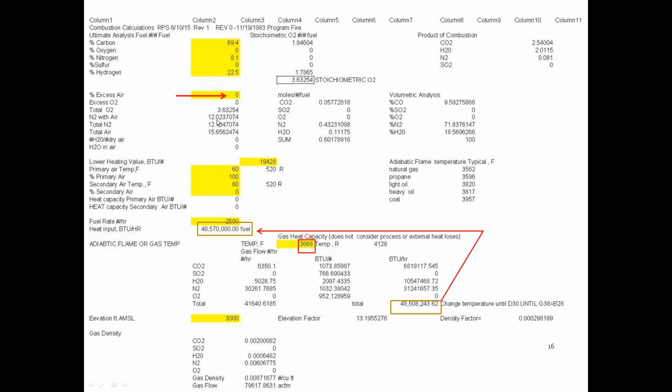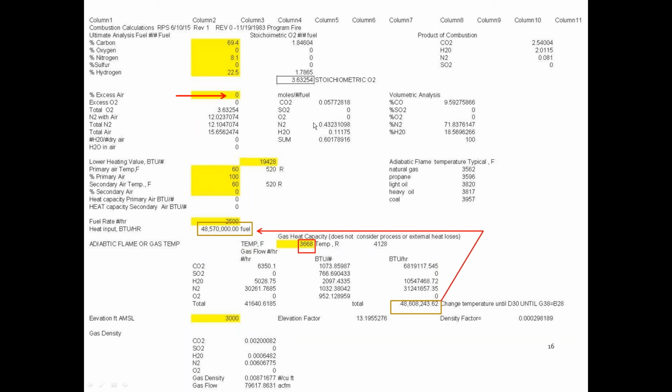And right above that to the right, I know how much oxygen I need. This is the stoichiometric oxygen required. So if you get down below the arrow, you're going to see total oxygen is 3.63. Okay, now I got to add 3.31 times that in nitrogen. Okay, and add them up. That's how much air I'm putting in.